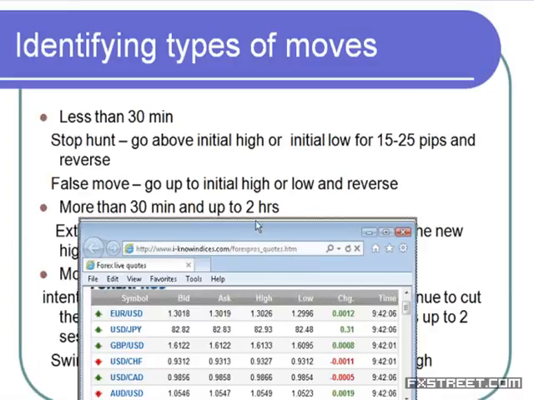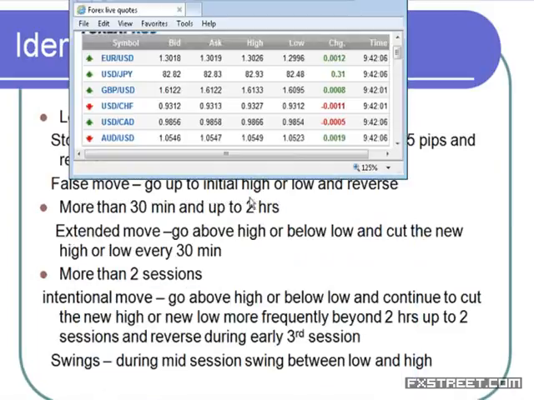The false move, they do it during the gap time and also before the data release time. So if FOMC is going to announce at 19 GMT, we need not worry about what the outcome is. From 1845 to 19 GMT, if you watch them make a quick downward move, then understand that after FOMC they are going to rise.